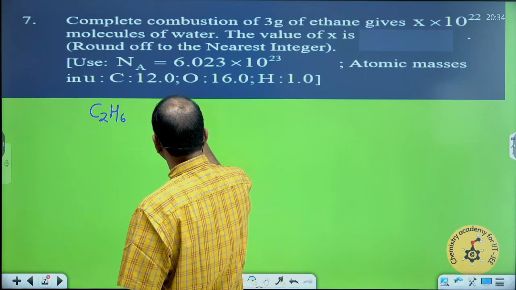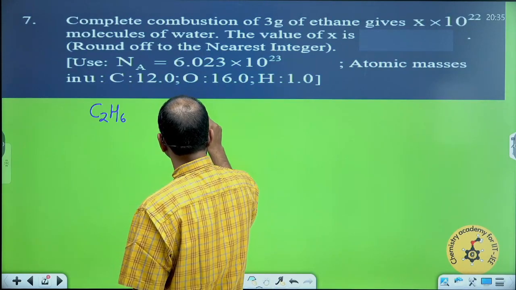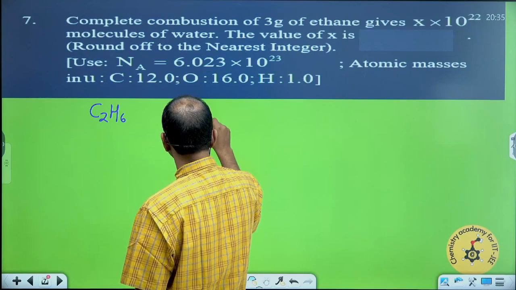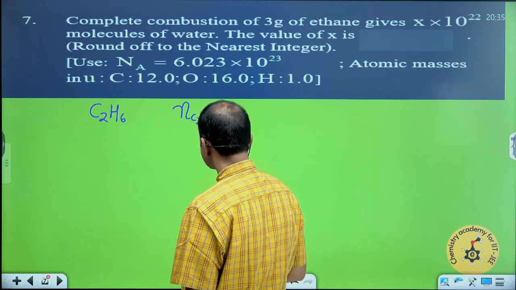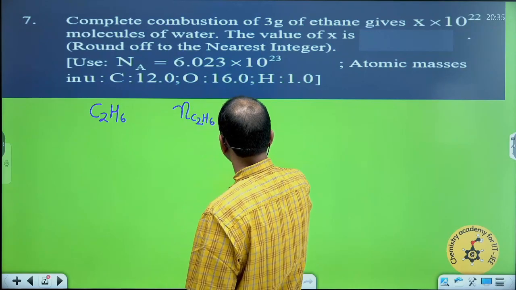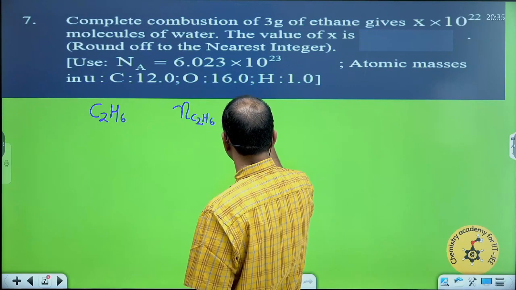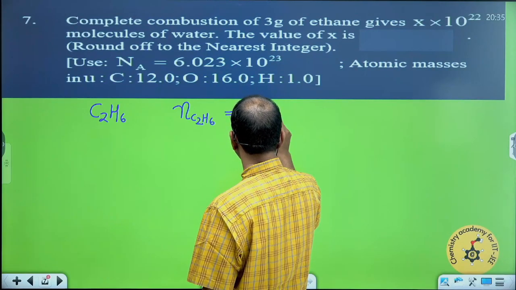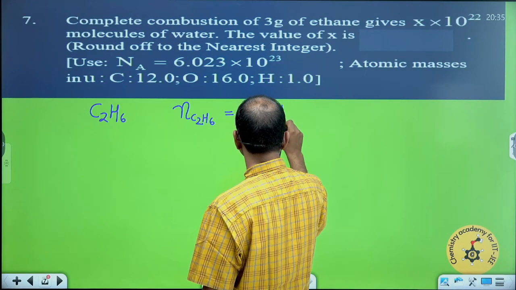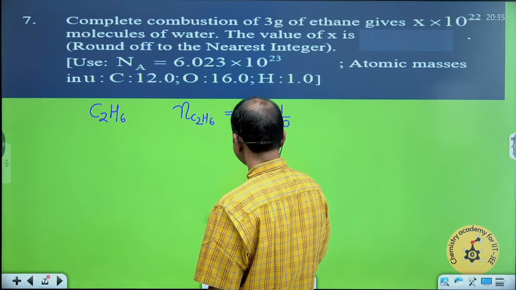So we can calculate the number of moles of ethane. The molar mass of ethane is 24 plus 6, that is 30, and the mass of ethane is given, 3 gram of ethane is there. So 3 divided by molar mass is equal to the number of moles. So the number of moles of ethane is 1 by 10.